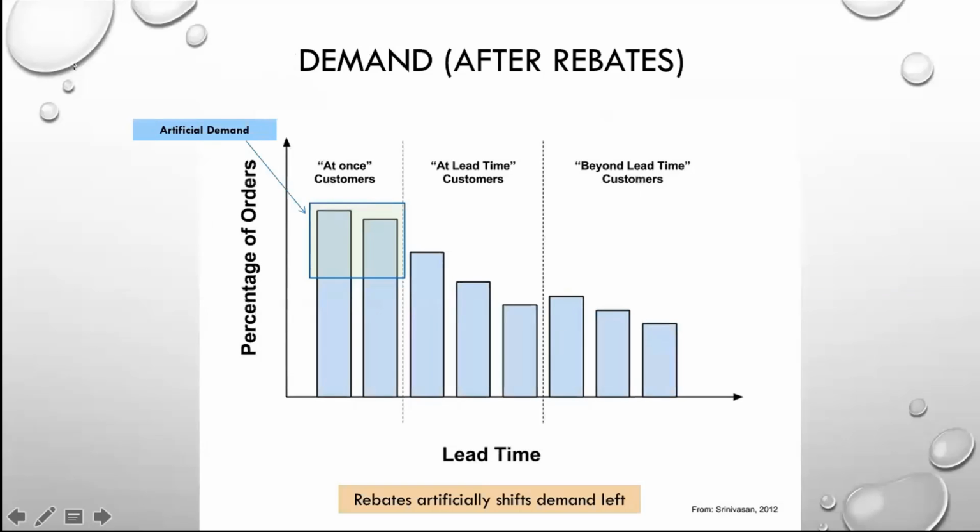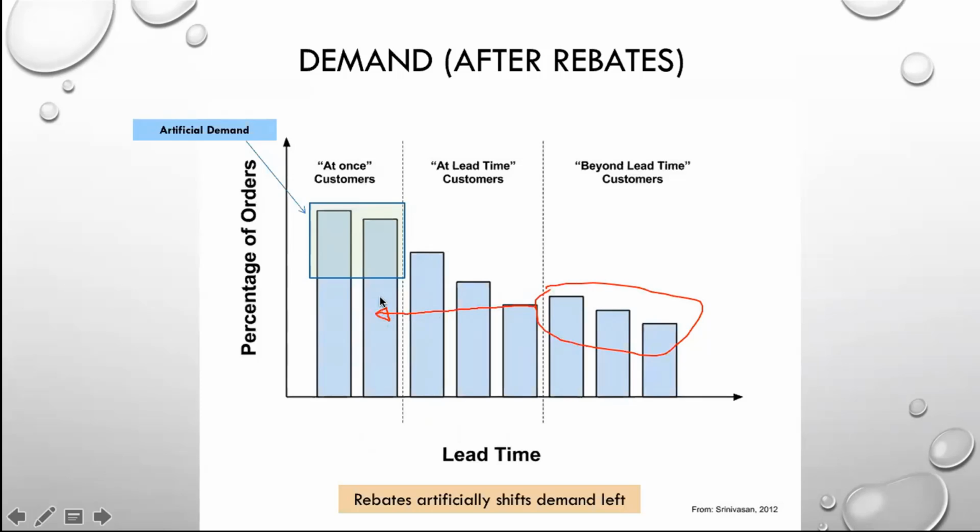So as you see here, the rebates artificially shift the demand left. So the people who would have been in the beyond lead time category over here would have moved their consumption to the left to buy it all at once.